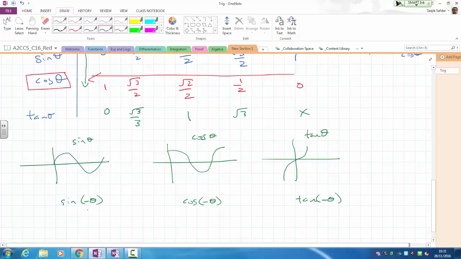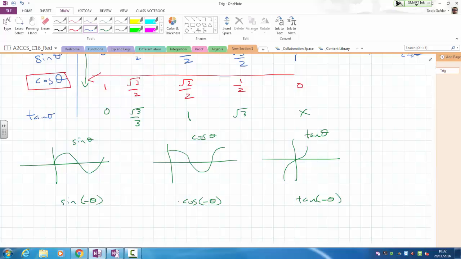How's the sine of minus theta related to sine of theta? What does the sine of minus theta mean? It's a reflection in which axis? No, y.